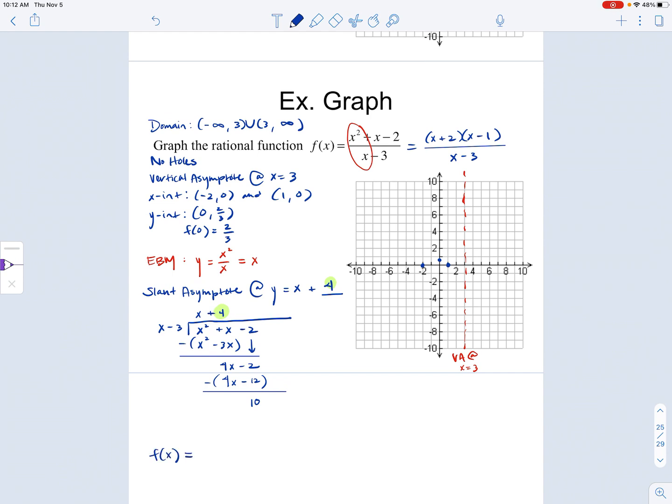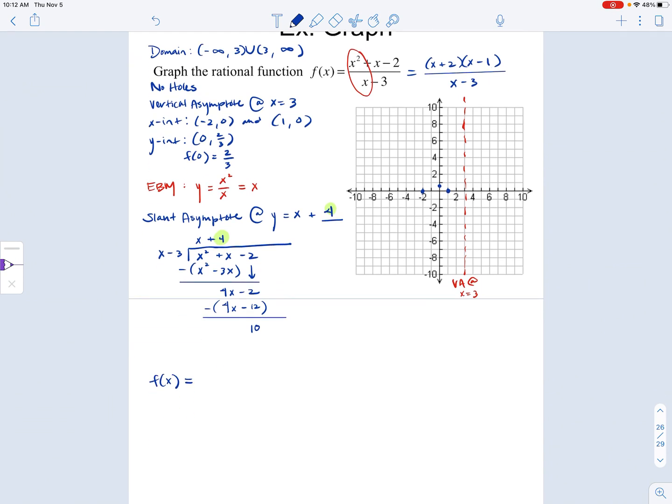So another way to write f of x would be as x plus 4 plus 10 over x minus 3. So remember how polynomial functions we can rewrite in like factored form.